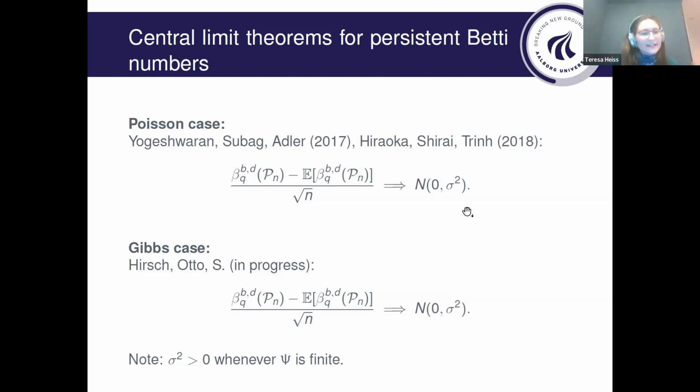There's another question in the chat. Are you aware of a connection between the persistent Betti number of a point set and the discrepancy, star discrepancy or LP discrepancy of the point set? Yeah, so I'm not sure exactly what is the star discrepancy or LP discrepancy. Maybe Alexandros, you can elaborate. Yeah, sure.